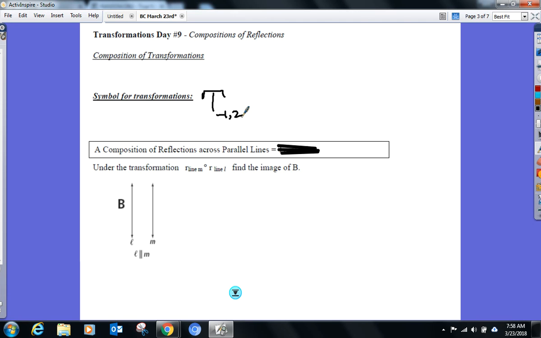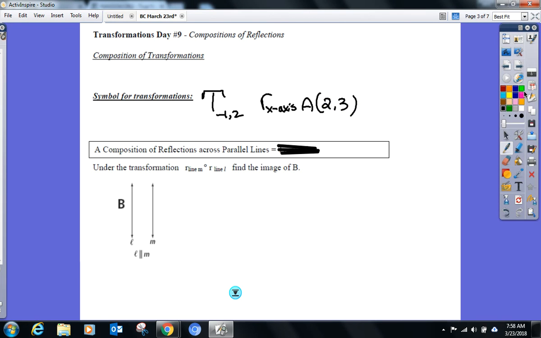Carolyn, can I get another one? Sure. Over where? X-axis, you got it. Maya, can I get a point?